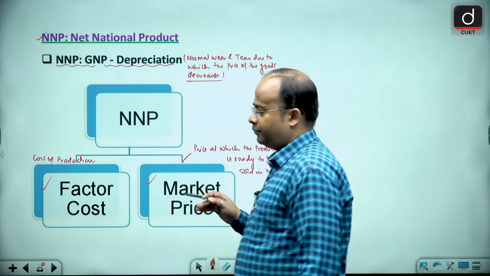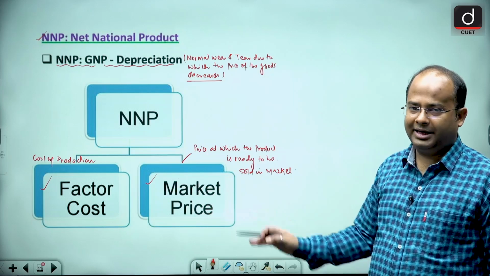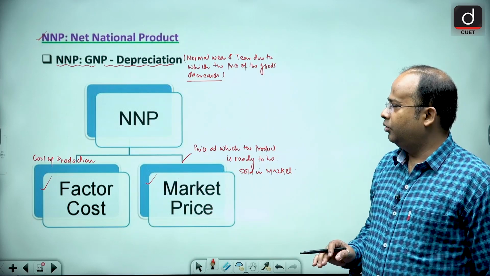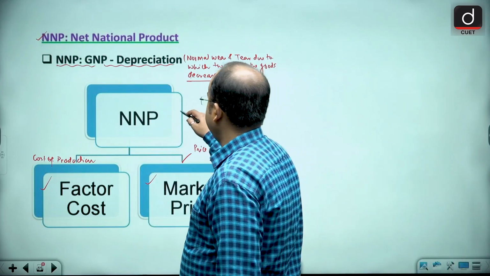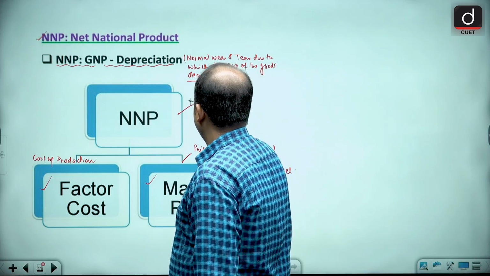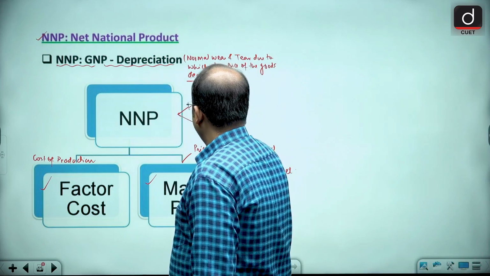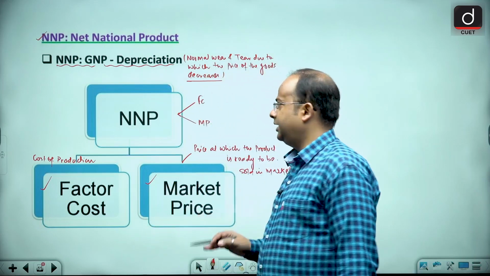Price at which the product is ready to be sold in market, that is called market price. Now it is called NNP at FC and NNP at MP.